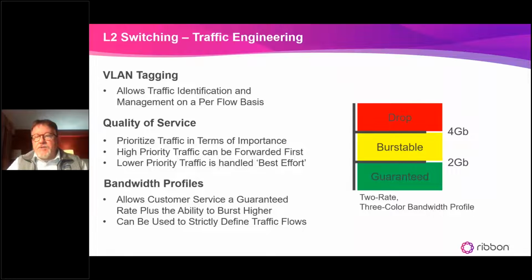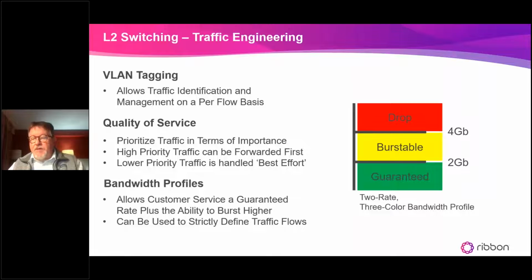So looking at my little stoplight diagram on the right-hand side, this is what we call a 2-rate 3-color bandwidth profile. So I can create these profiles really at any level of bandwidth permission. So in this particular example, I have a customer that is paying me for 2 gig with the ability to burst up to 4 gig, which means occasional high bandwidth usage, right?